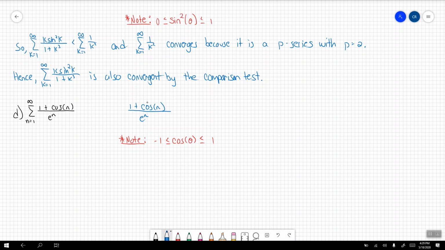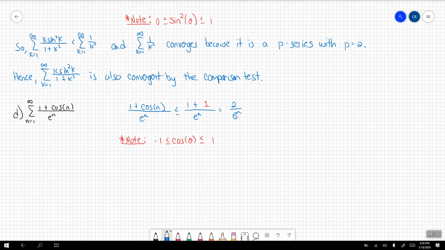Either we can bound this function from below using my lower bound, or we can bound this function from up top using my upper bound. Whichever one you'd like, you're free to use. I am bounding this from up top as such. This then simplifies to be 2 divided by e to the power of n.